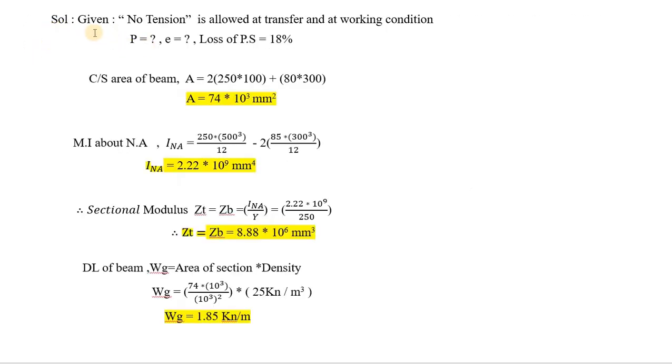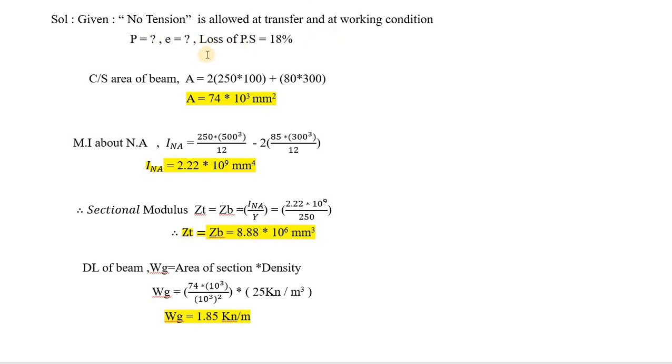So, let's start solving this. Given, no tension is allowed at transfer and at working load. This point is important, so at the end of the problem I will explain what this statement means.